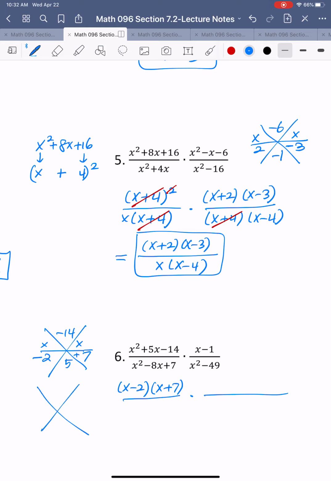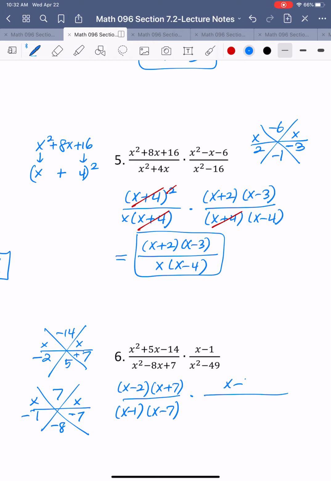And then I'm factoring the denominator, which is 7 and negative 8, and then x and x. So from the 7, 1 and 8, right? But both are negative. Oh, 1 and 7. What am I talking about? Sorry. 7. But both must be negative, right? Okay, so you got that as x minus 1 times x minus 7.